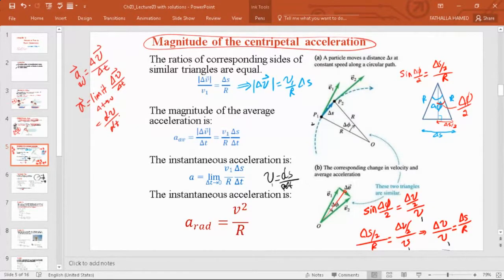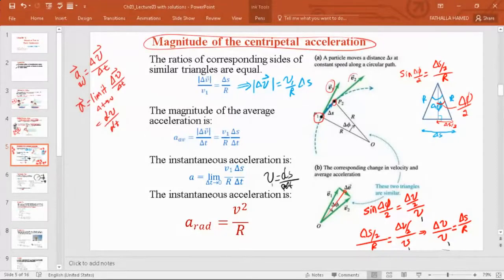So now, if you are at position P1, here, you will have a velocity V1 which is tangent to the circle. And at position 2, and here we're talking about uniform circular motion, and uniform circular motion means constant speed.